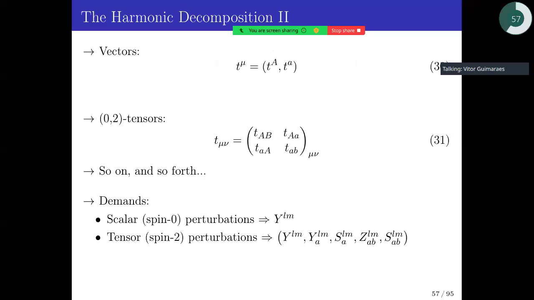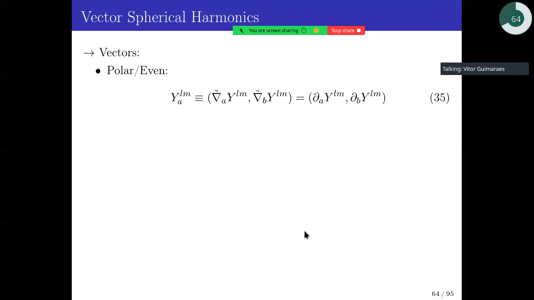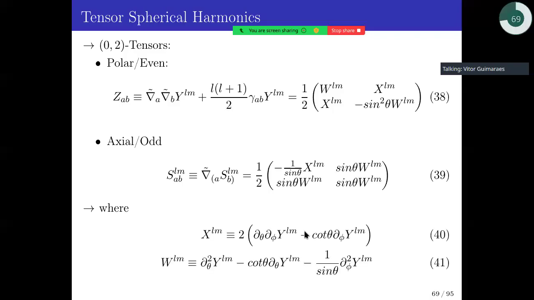Thus we constructed the vector spherical harmonics, and then the 0-2 tensor spherical harmonics, all to be used as a basis for scalars, vectors, and tensors in the two-sphere.